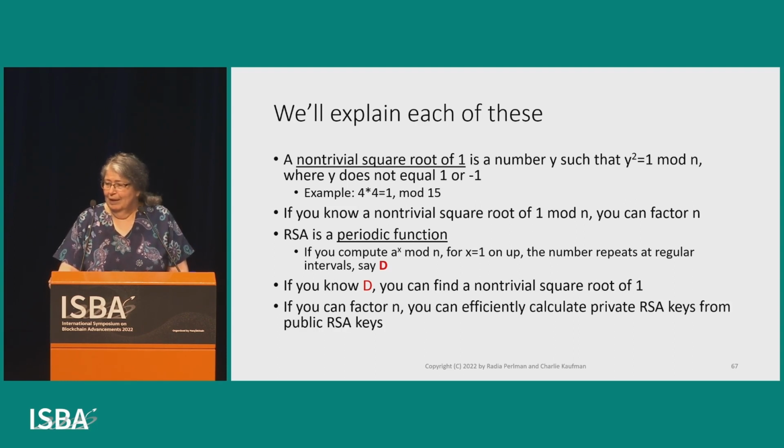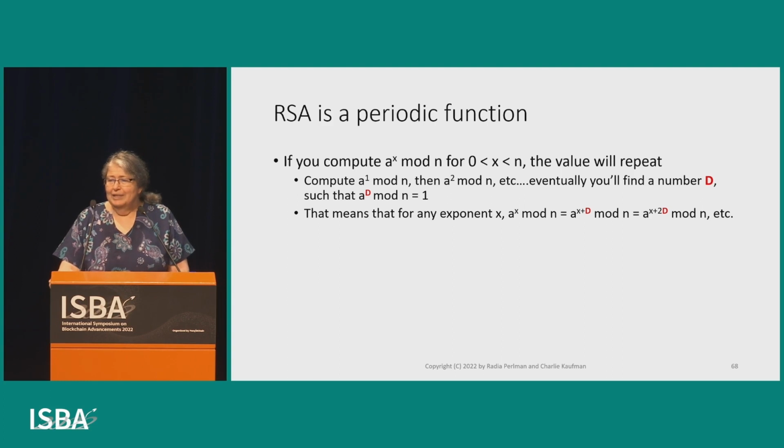So what does it mean that it's a periodic function? If you compute a to the x mod n, starting at 0, eventually you'll find a number d such that a to the d mod n equals 1.